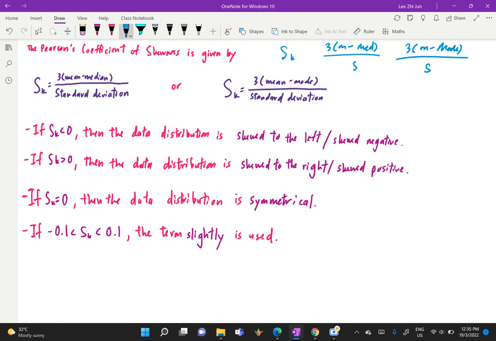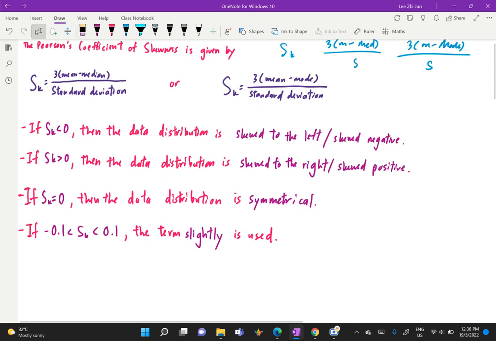So this use of Sk is to determine whether the graph is skewed to the left or skewed to the right. If Sk is smaller than 0, so Sk is negative, then the data distribution is skewed to the left.